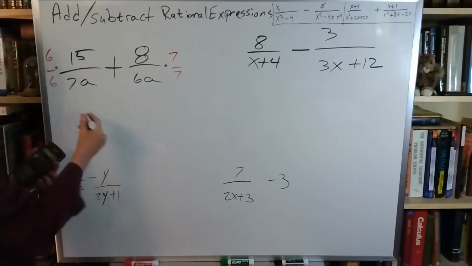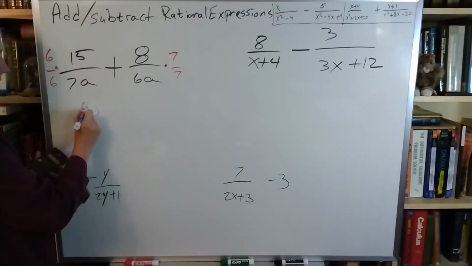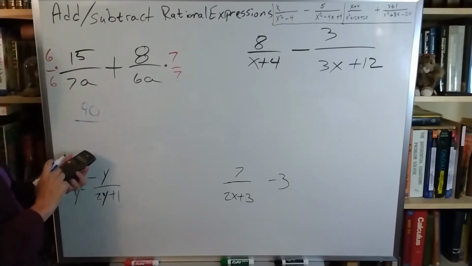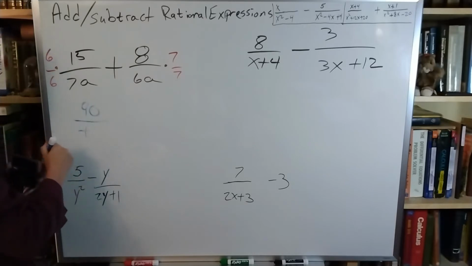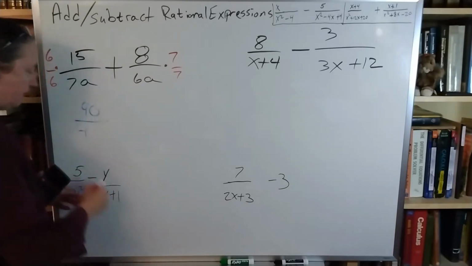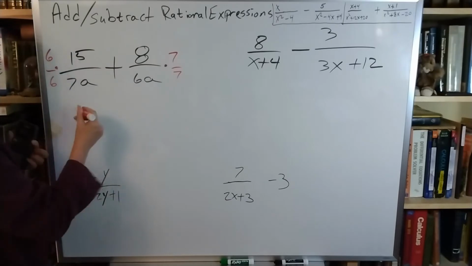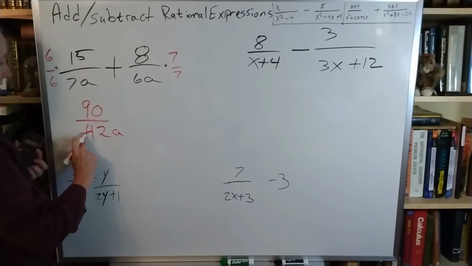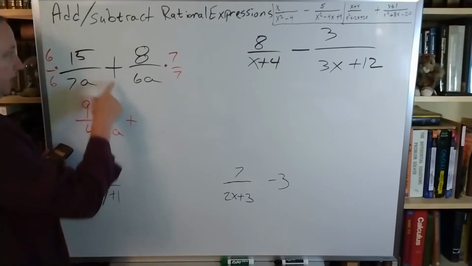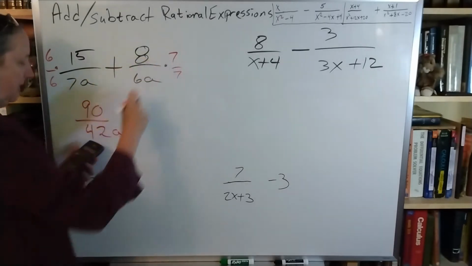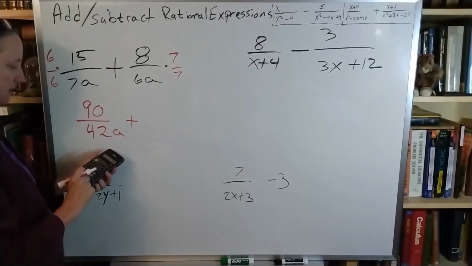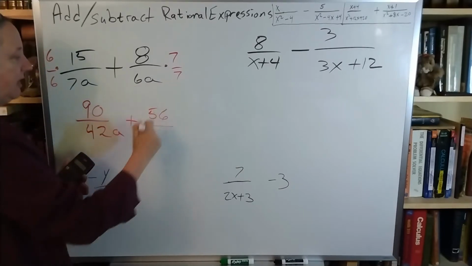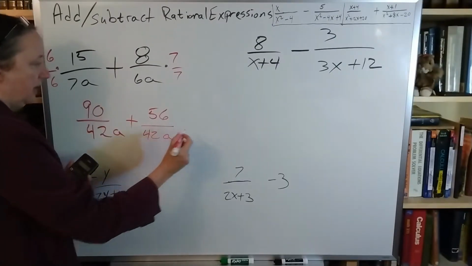So I have 90 over 6 times 7 is 42a, plus, carry the plus sign down, 8 times 7, 56, over 6 times 7, 42a.